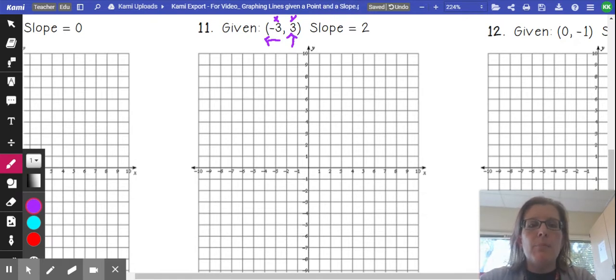So to graph my point, I start at the origin (0, 0). I go to the left 3, and then I go up 3. So that is the point (-3, 3). Notice that it will be a perfect point because it is at the corners on the grid marks.